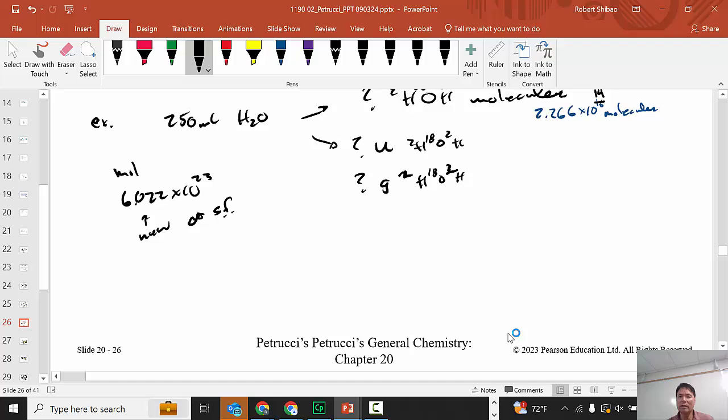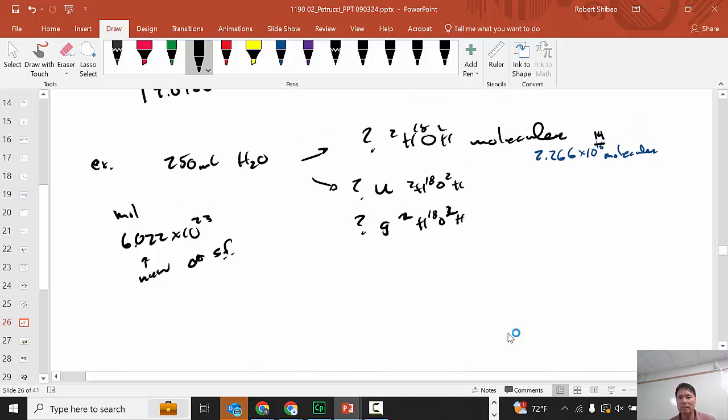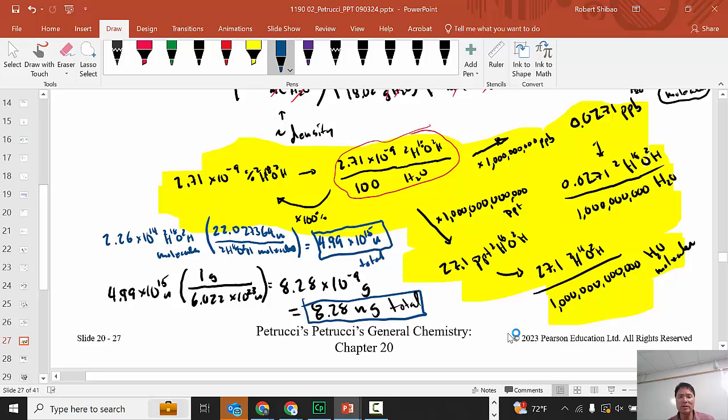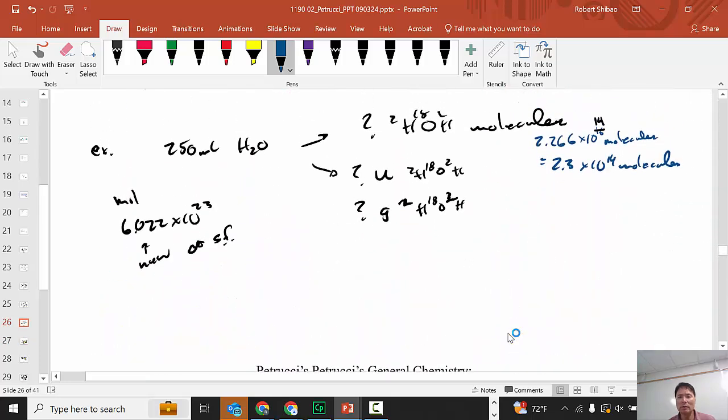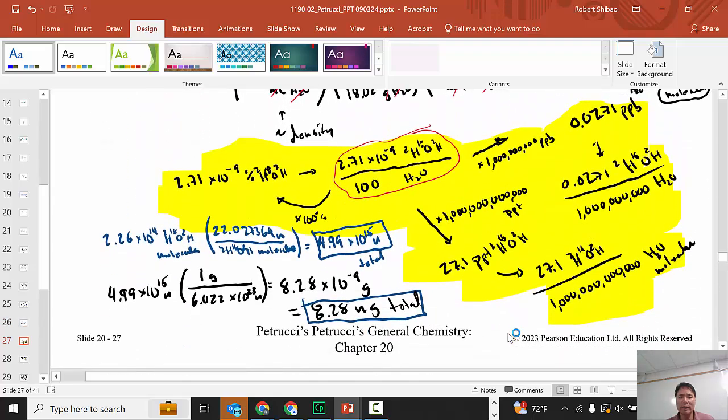All right, so we need to get the correct number of sig figs. This is going to be 2.3 times 10 to the 14 molecules, which is equivalent to 5.0 times 10 to the 15 U, which is equivalent to 8.3 nanograms.